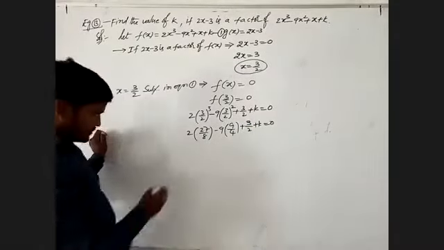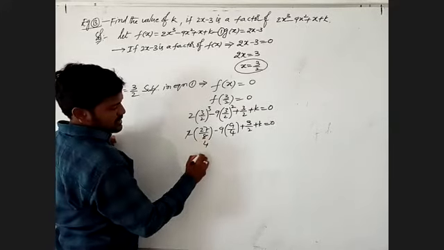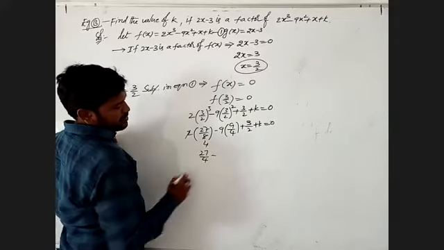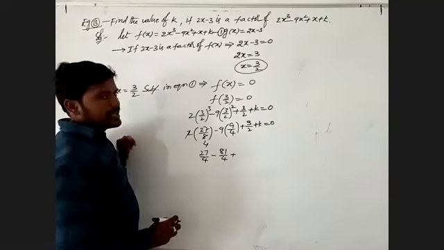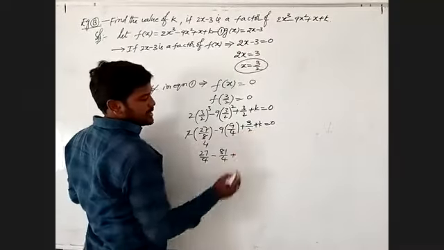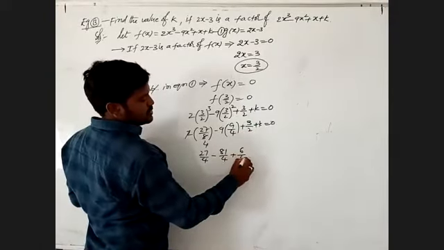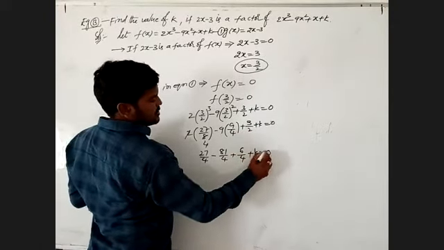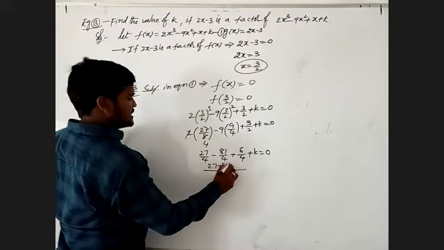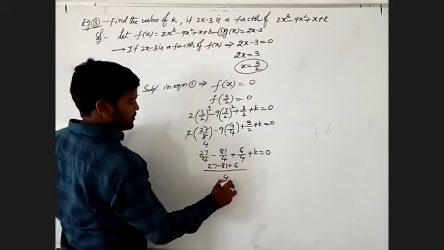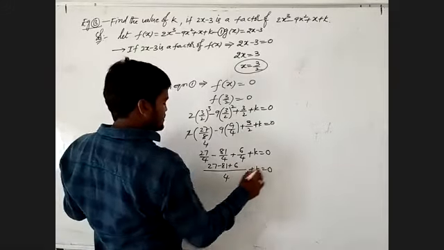That means 2 ones, 2 fours, remaining is 27 by 4 minus 81 by 4. Here also numerator and denominator can be multiplied and divided by 2, 3 to 6, again 2 to 4, plus k is equal to 0. Both denominators are equal. 27 minus 81 plus 6 by 4 plus k is equal to 0.